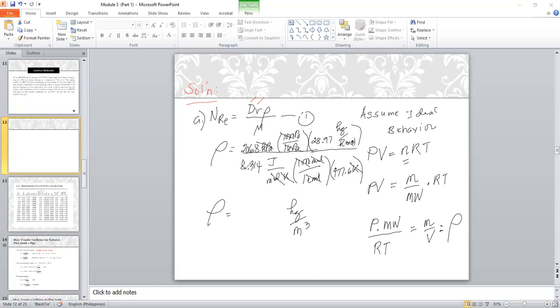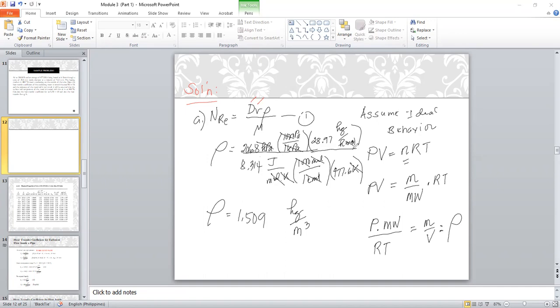That should give us a density of 1.509 kilogram per cubic meter. So this would be our density now that we need to substitute in our Reynolds number. Please take note of that, because we will substitute it in here later.